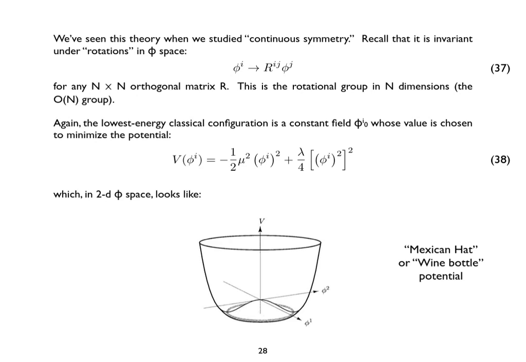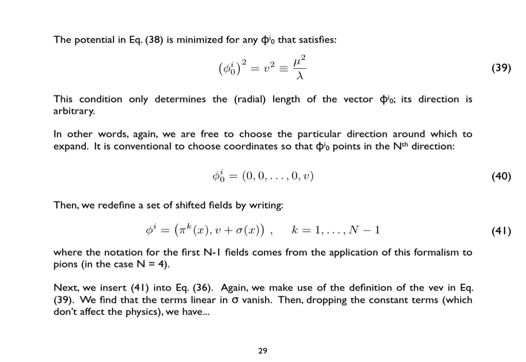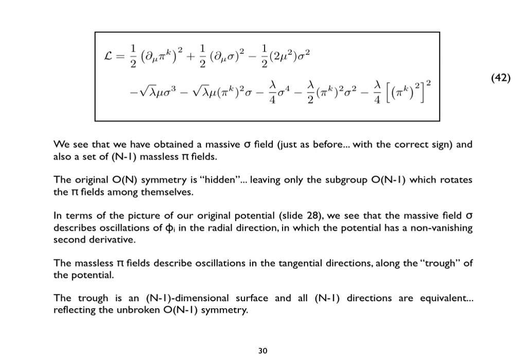And that's precisely where the pion fields are. They live in that angular part. We haven't broken that symmetry, so they don't get masses. They remain massless. That explains why we don't have masses for the pions.